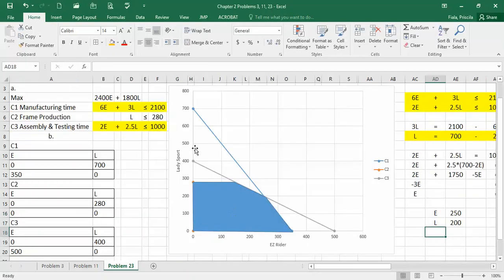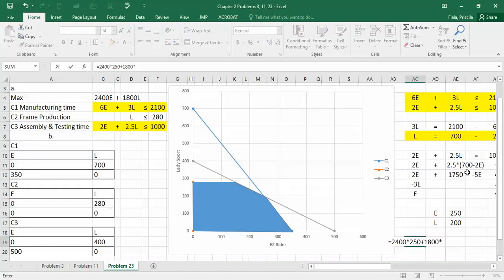And if you go back to your max objective function, which is 2400 times 250 plus 1800 times 200. So let's do that. 2400 times 250 plus 1800 times 200.